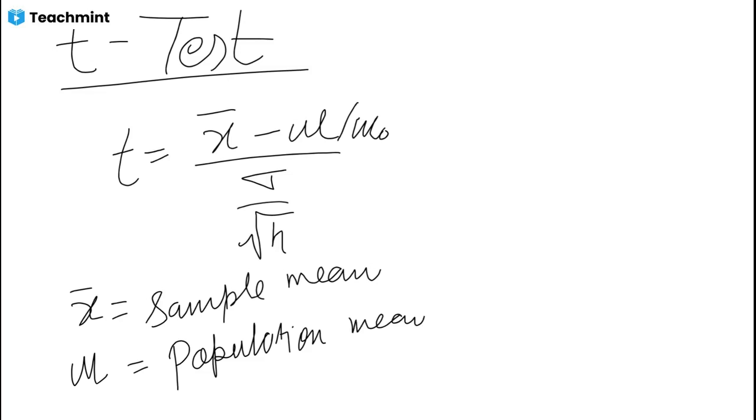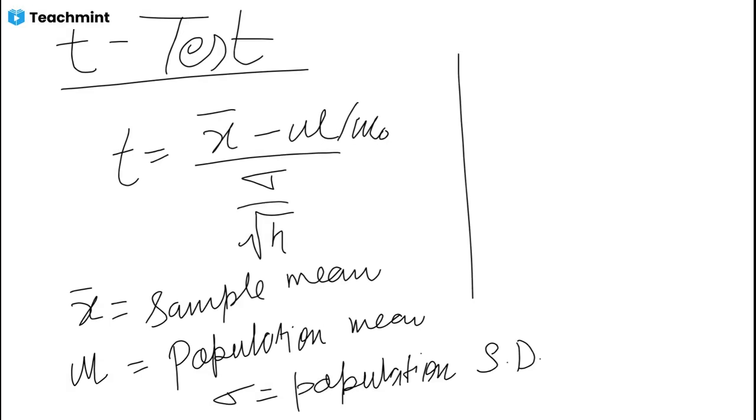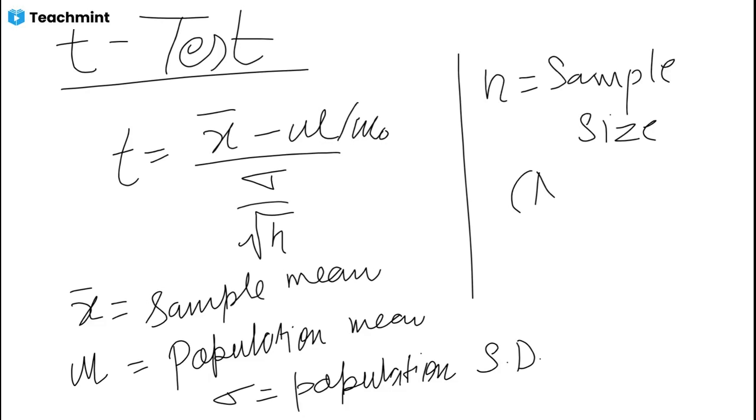See, the formula is the same for Z and T, but the tabulated value will be a little bit different. And sigma is the population standard deviation, and n is the sample size, or number of values.